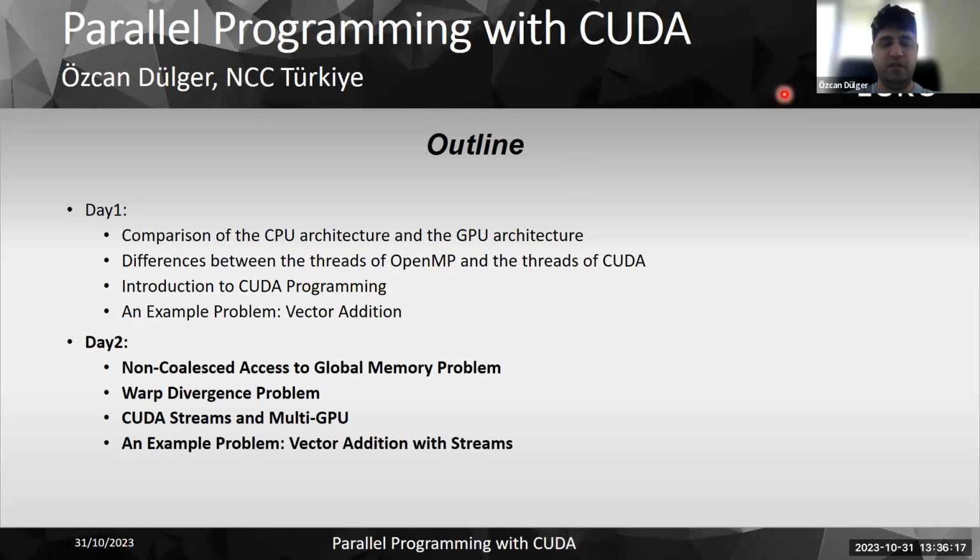And at the end of the lecture, I will show you an example about the vector addition by using streams. And we will overlap the instructions of the vector addition and run in parallel by using CUDA streams.